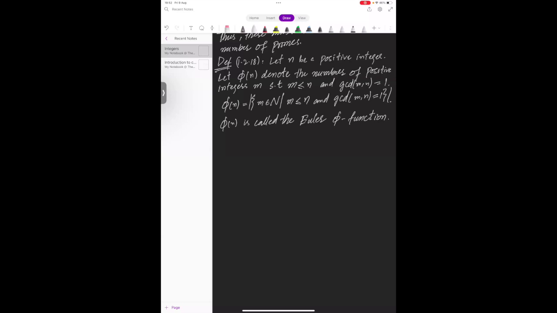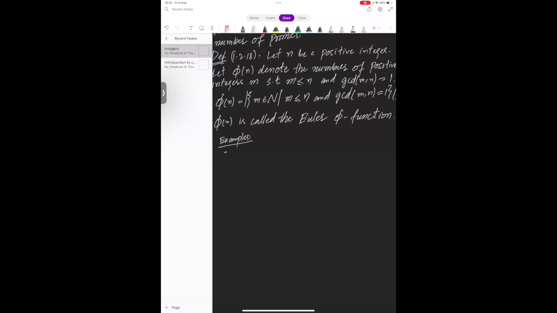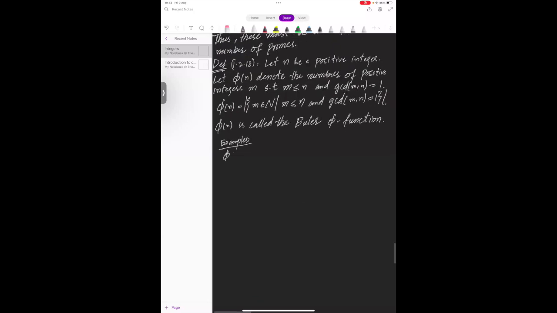So, some small examples. Phi of 2 is 1. Phi of 3 is 2. Phi of 4 is 2.